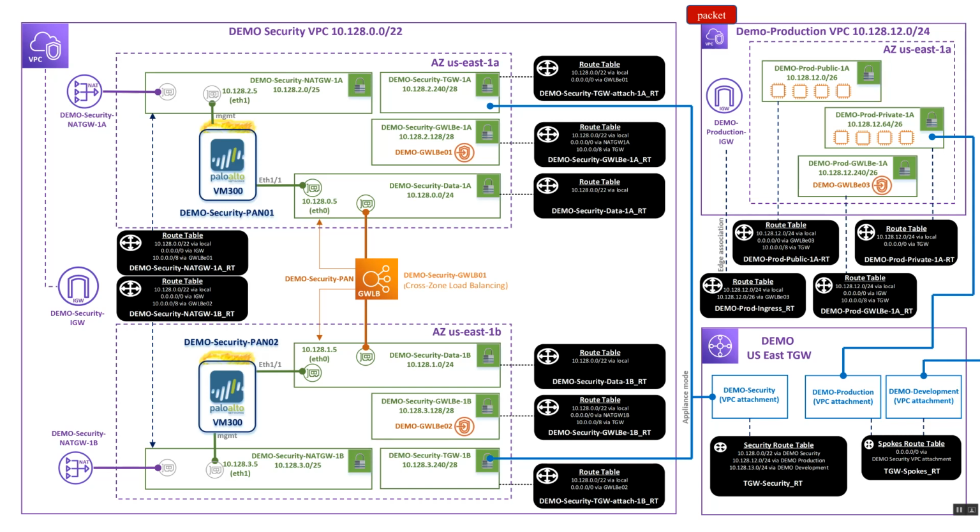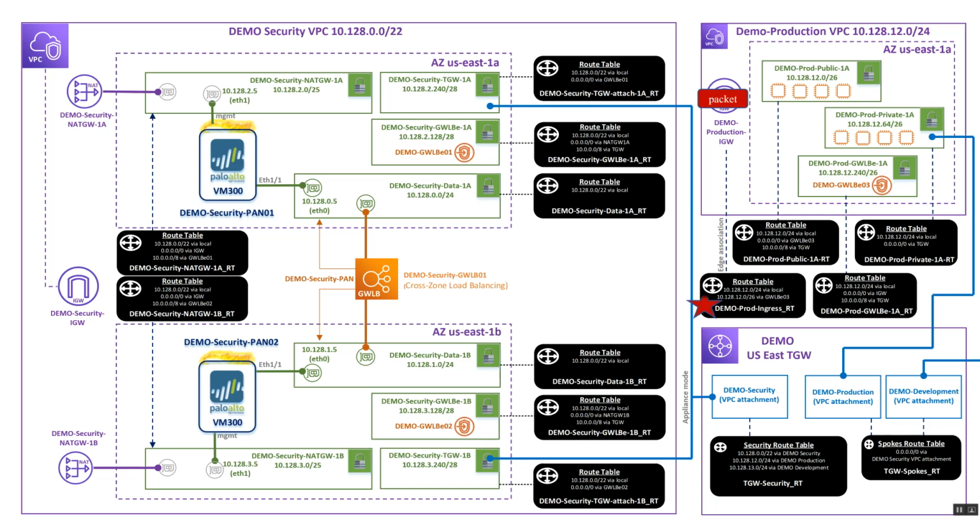Our web server resides in the prod public 1A subnet here on the demo production, right? This web server has obviously a private IP address, but has an elastic IP address mapped to it. So traffic is going to come in to this IGW on its way to get to this IP address.